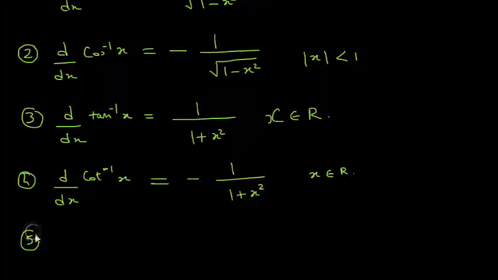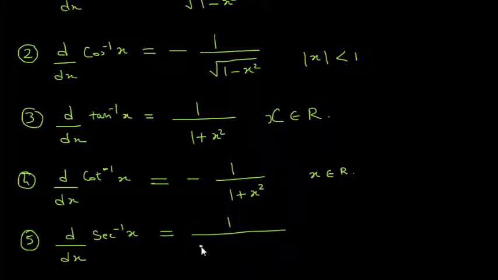Fifth, d upon dx sec inverse x is equal to 1 upon modulus of x under root x² minus 1, where modulus of x is greater than 1.